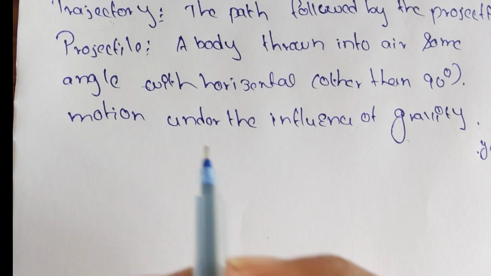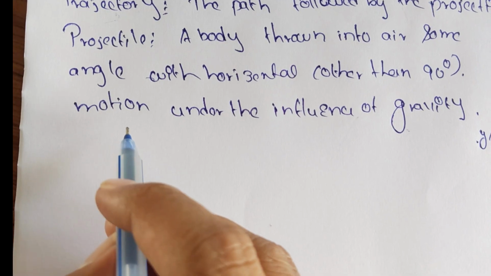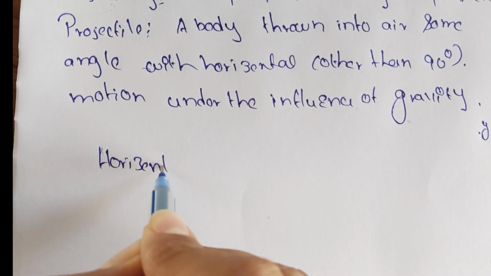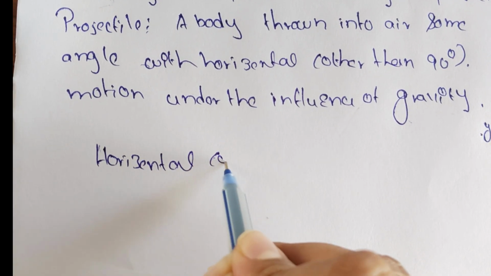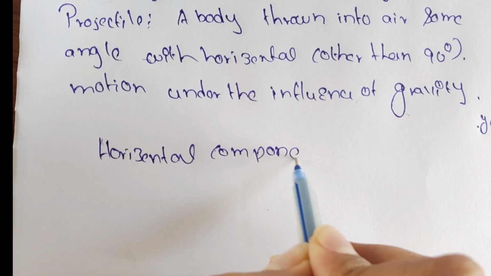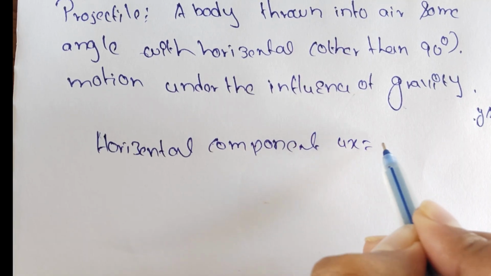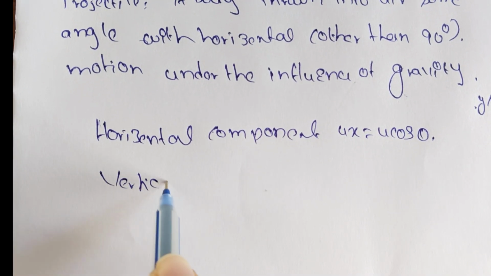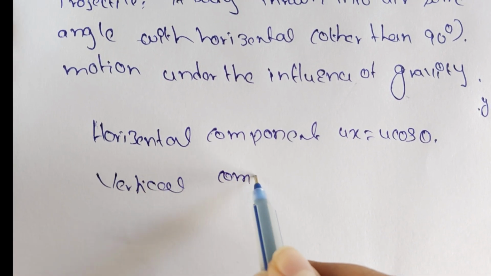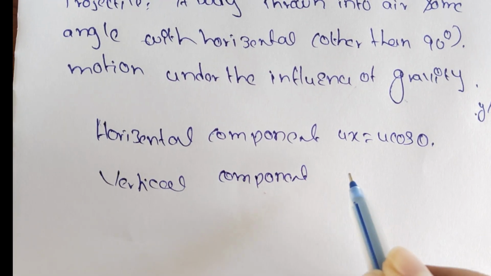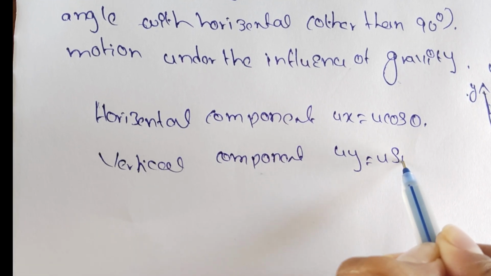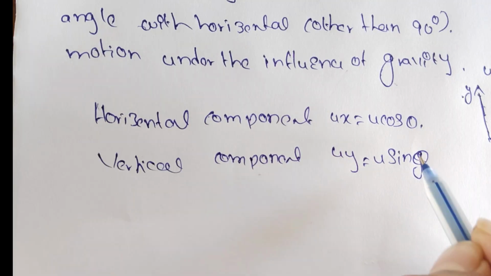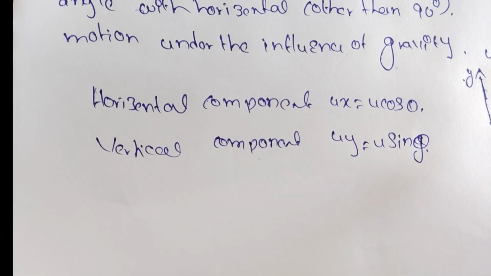Let us write down: horizontal component ux equal to u cos theta, and vertical component uy equal to u sin theta.